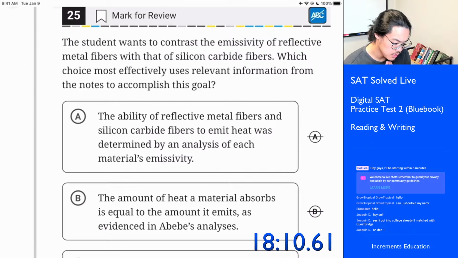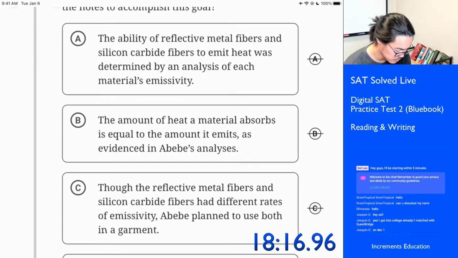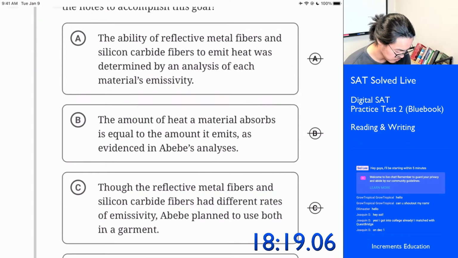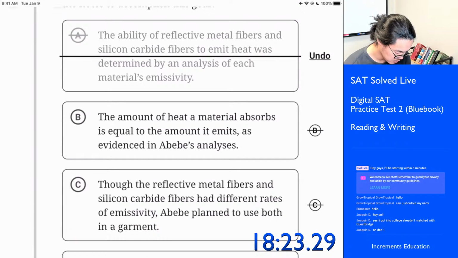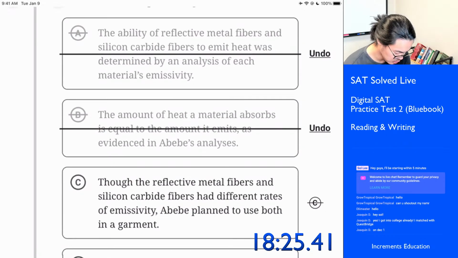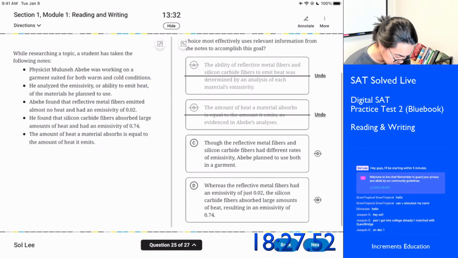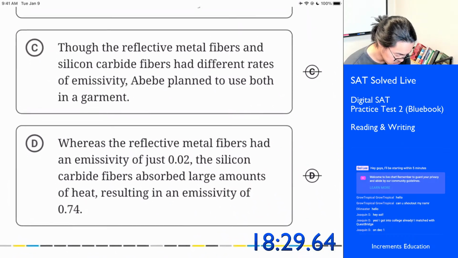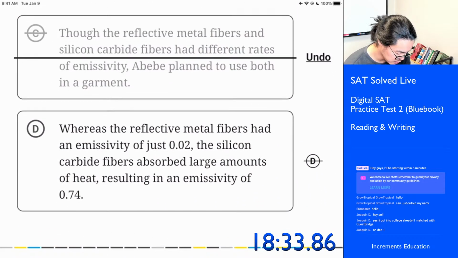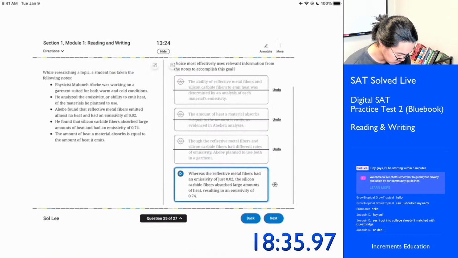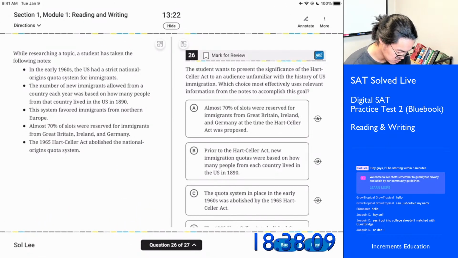Contrast the emissivity of reflective metal fibers with that of silicon carbide fibers. That's just a method. Just a generalization. Oh, come on, this UI, Jesus. Just let me zoom. Okay. Plan to use both is emphasizing commonality. Okay. There we go.